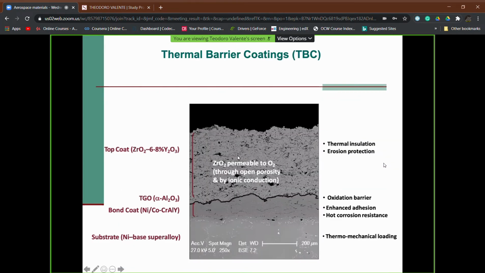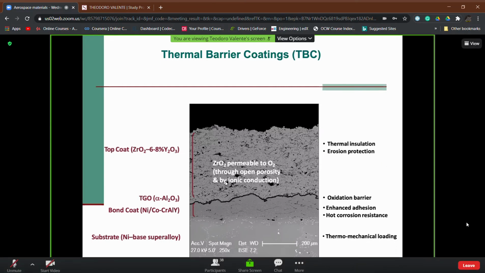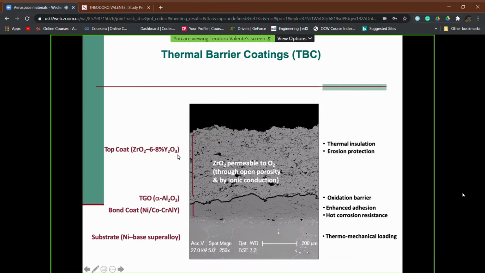If we have interconnected porosity inside the ceramic top coat, these gases can flow through the thermal barrier coatings to a reduced extent with respect to the absence of the TBC. I agree with you, but they can flow. And if we do not do something in addition, these gases can come in contact with the nickel-based superalloys and can damage them.